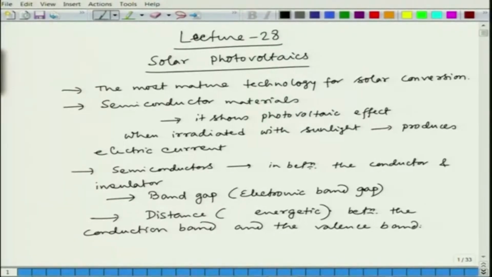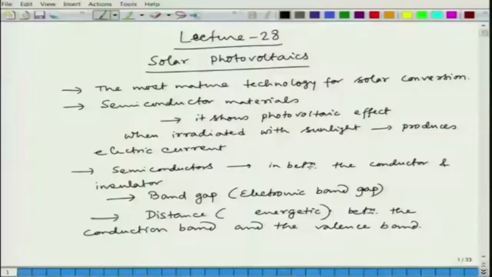How do they arise and all those things? You can look back at your high school textbook on physics, or even your undergraduate electronics course. But what we will use, we will just recap those things which are absolutely essential for this particular photovoltaic effect.